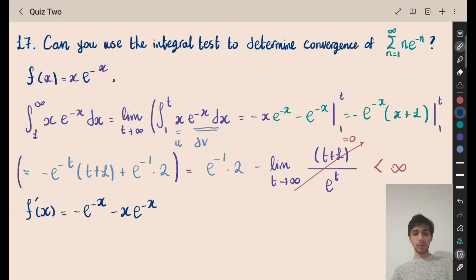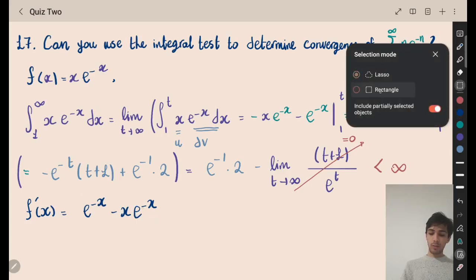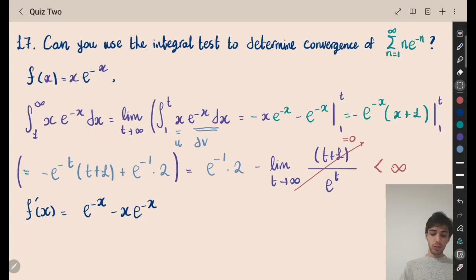This is the derivative of the function. Oh no, it's just here. It's just e to the minus x, and then when you fix x, you take this derivative. It becomes this. Yes, that's the derivative. I was hallucinating for a moment. Okay, so let this be equal to 0.